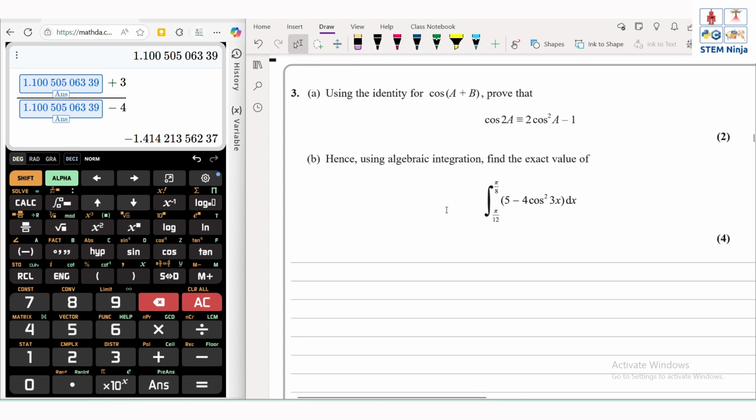Using the identity for cos A plus B, prove that cos 2A is identical to 2 cos squared A minus 1.